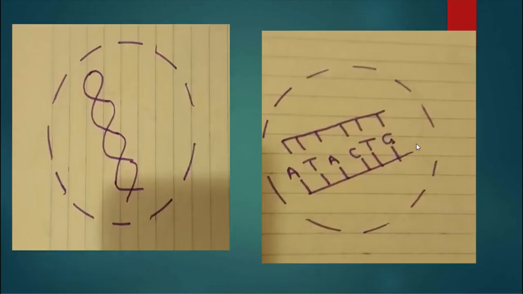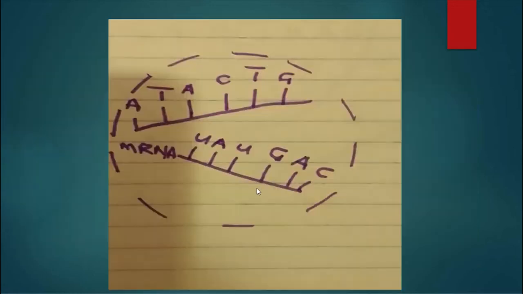This will be the strand that acts like a template. Then it will form mRNA, which will have nitrogenous bases UAU from ATA, and you will have GAC from CTG.